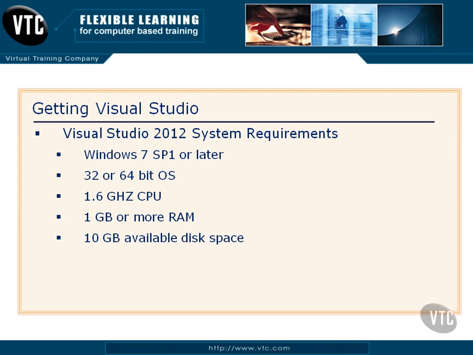And watch this, 10 gigabytes of available disk space. That's not a misprint. So this thing's going to eat up some space, but Visual Studio 2012, I've glanced at it briefly, has some really cool stuff going on in there. And I won't turn this into a Visual Studio course. But anyway, that's the details on getting Visual Studio and some stuff to help keep you out of the high weeds. So that's the basics on getting Visual Studio.